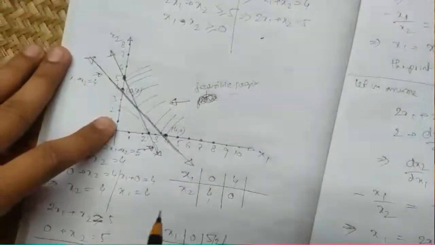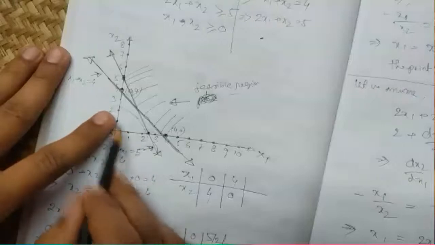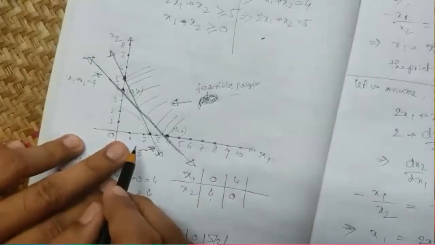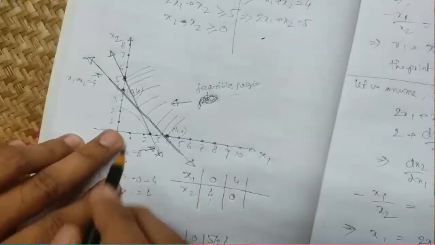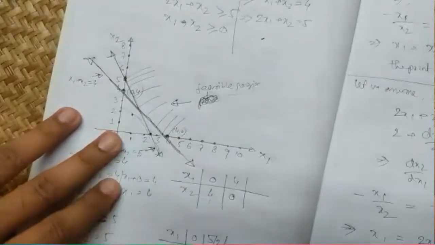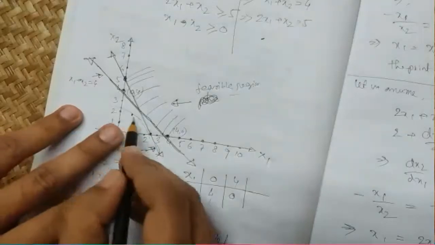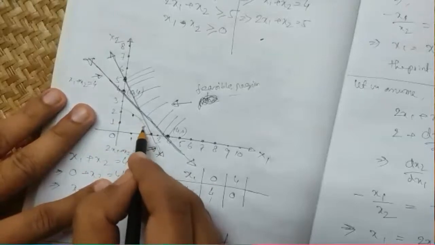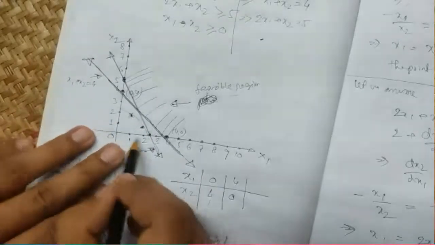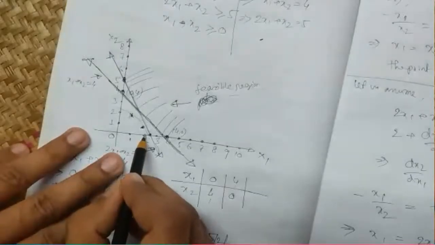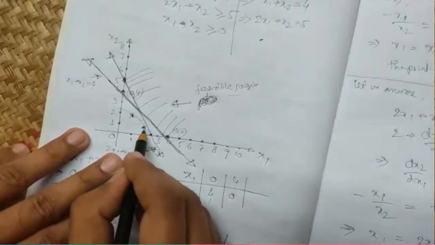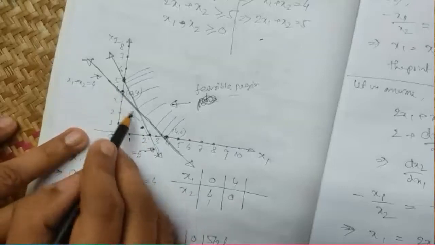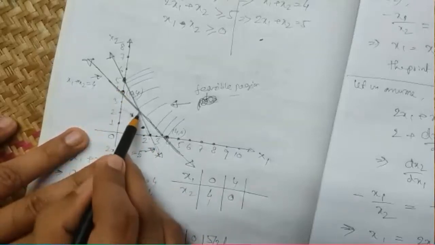If we look at the circle, if we have drawn it properly, then we will find this 2 comma 1 is here, which is not on the feasible region, because the point should be on the feasible region, that means either on this line or on this line.